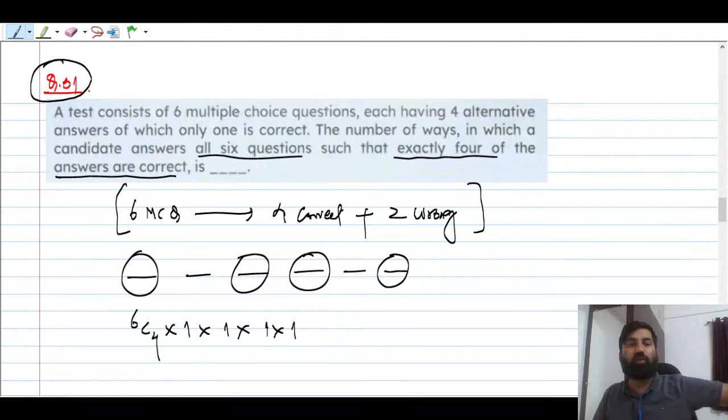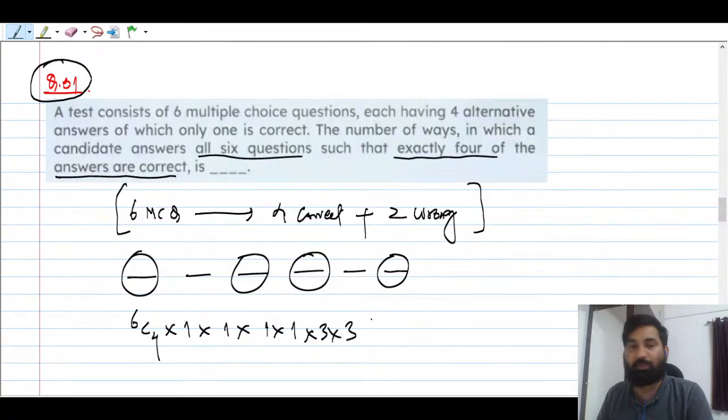Now there are two which are wrong. How many ways are there these 2 questions can be wrong? Can somebody tell me here? Only 3 ways are there, because if one of the options you choose is the correct one, the other 3 are wrong. So it is 3 into 3.